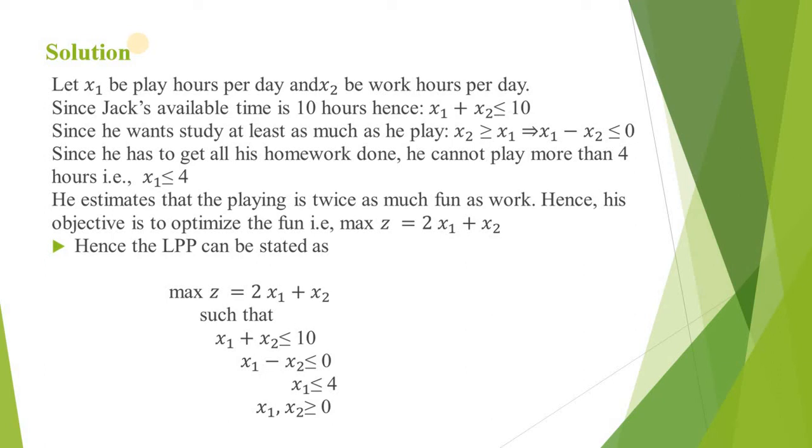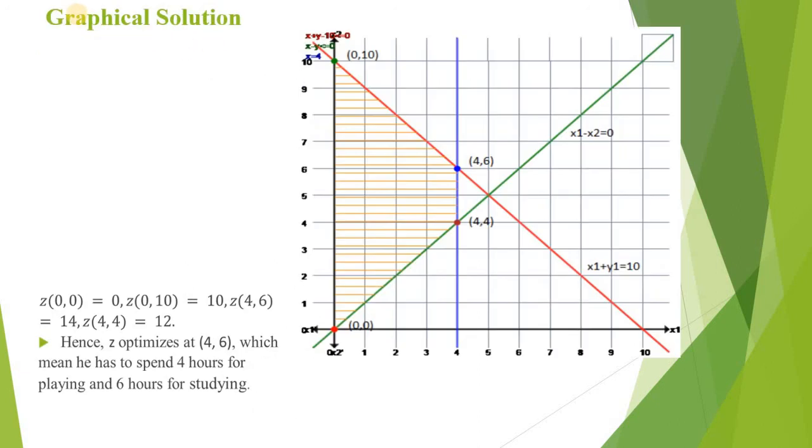He estimates that playing is twice as much fun, so his objective is to maximize the fun. Hence, the LPP can be stated as: maximize z equal to 2x1 plus x2, such that x1 plus x2 is less than or equal to 10, x1 minus x2 is less than or equal to 0, and x1 is less than or equal to 4, and x1 and x2 should be non-negative.